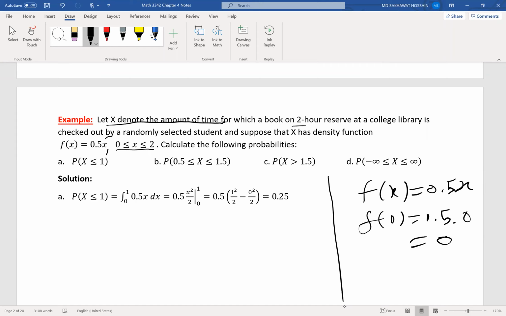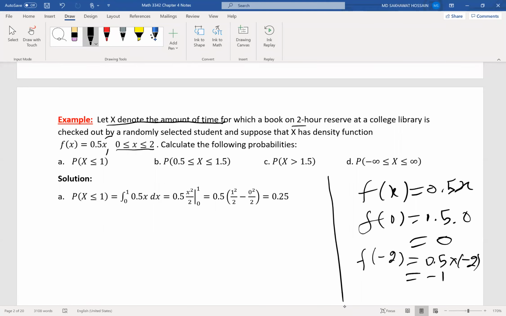But if you consider a negative value of x, for example negative 2, then it will be 0.5 times negative 2. So that means this is negative 1.